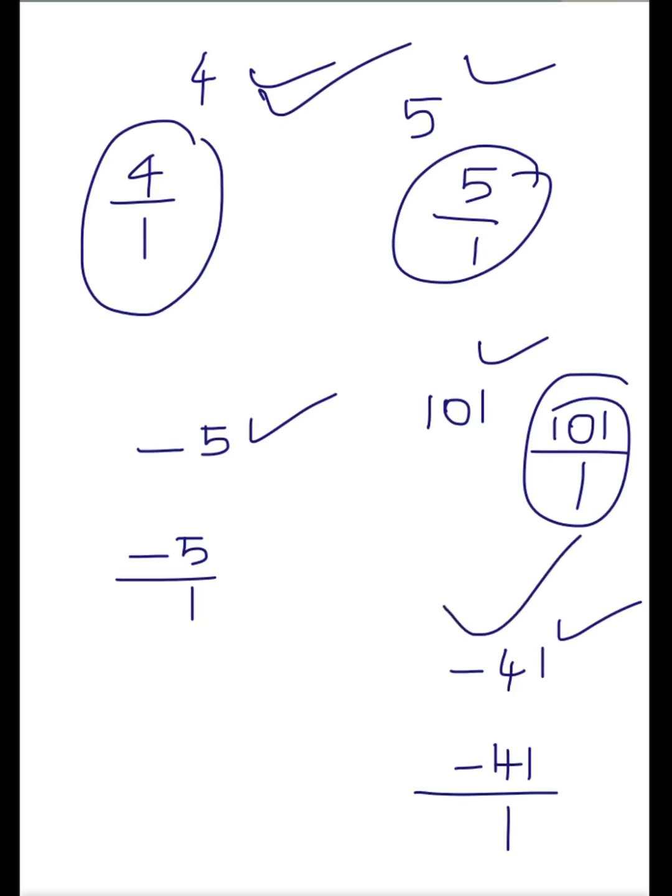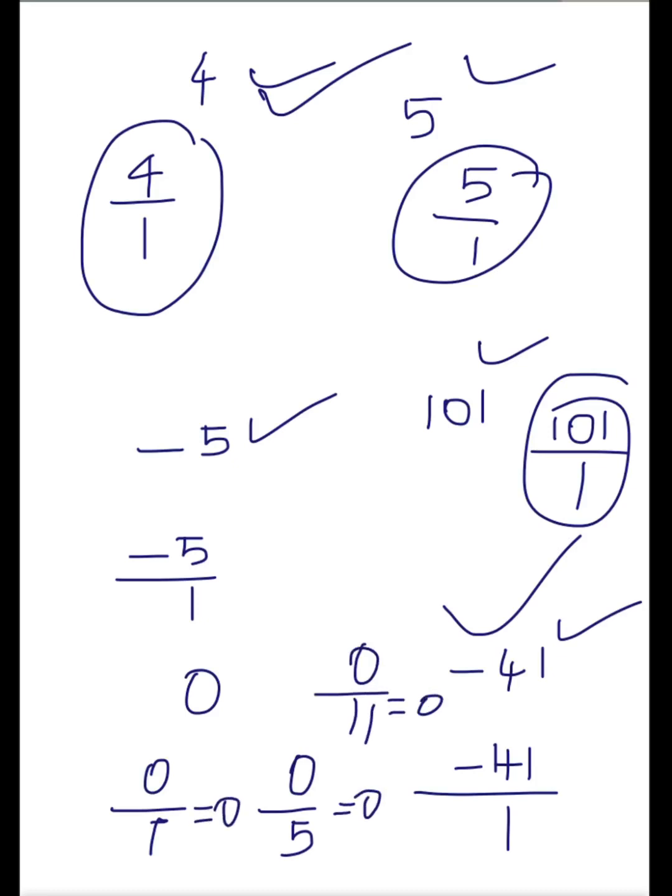Now what is the case of 0? 0 can be written in any way, 0 by 1 or 0 by 5, 0 by 11, everything is equal to 0. So 0 is also included in rational numbers.